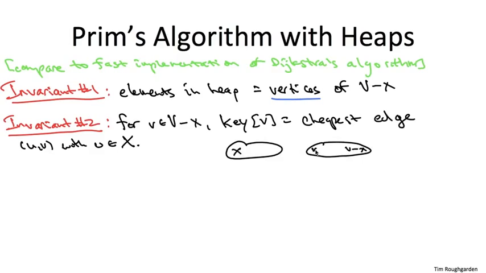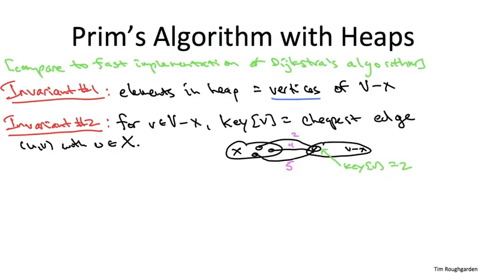So some vertex v, which is on the right side, which is not in X. And so what we do is we look at the edges incident on this vertex v that go back to the left-hand side. So edges incident to v that are crossing the frontier. And there may, of course, be many such edges. And the invariant we want to maintain is that the key value for this vertex v is the cheapest of all the incident edges crossing the frontier, or in this picture, the key should be equal to 2.